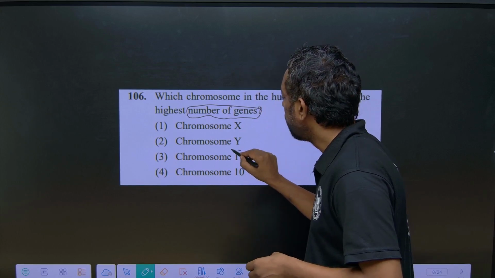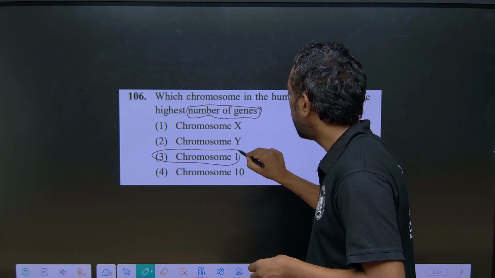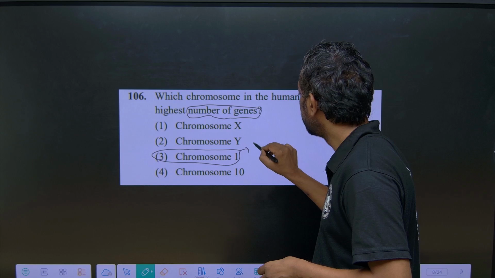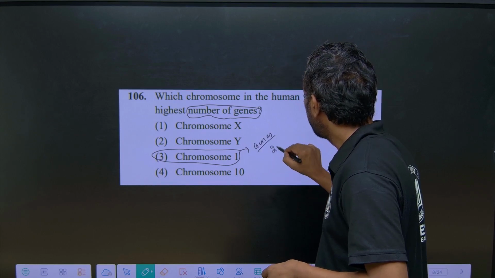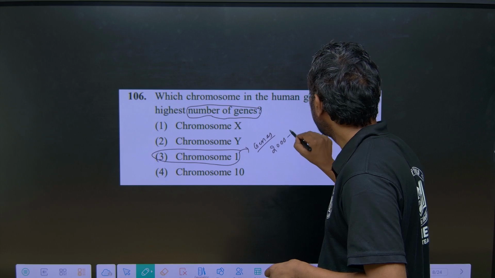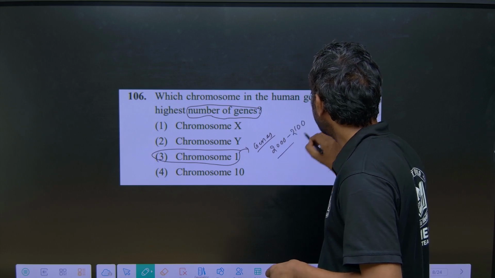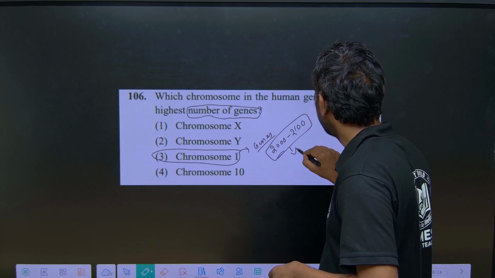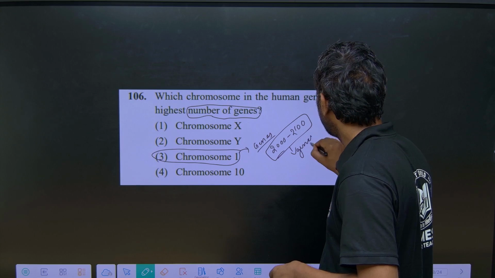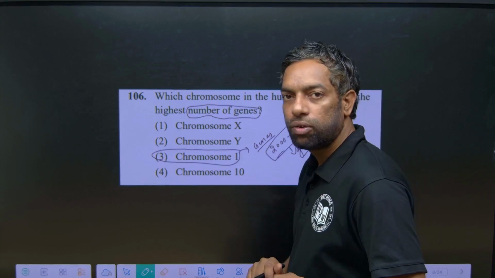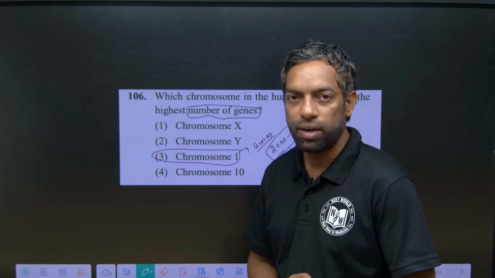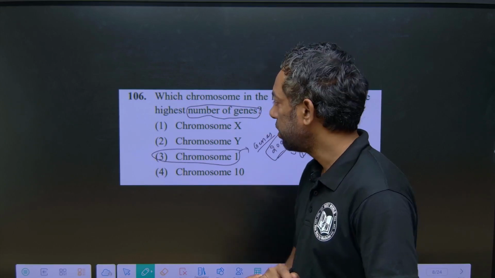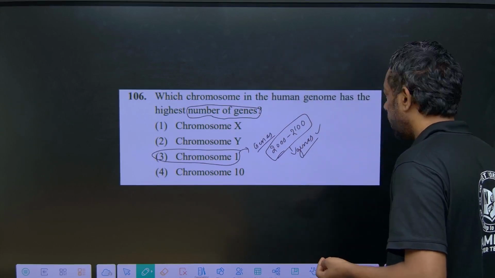In that, chromosome 1 has the highest density of genes. About 2000 to 2100 genes are located in chromosome 1. This is an unpredicted question, guys. Of course, it is a difficult question.